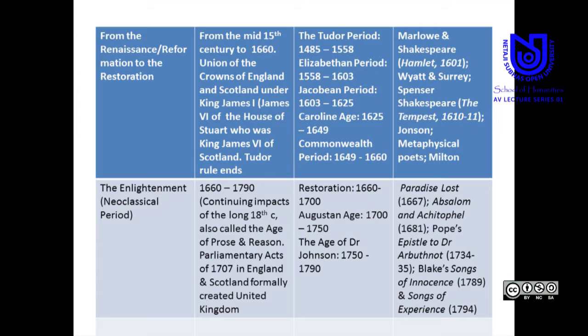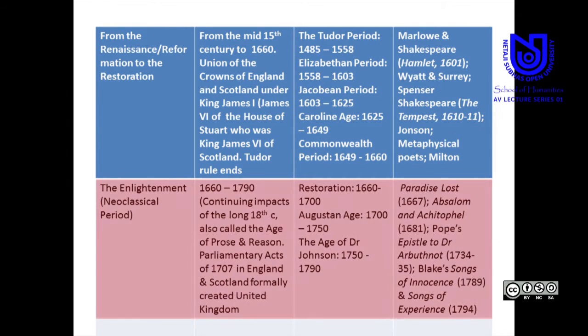You will notice in your syllabus that there are a large number of texts of different genres from this period. We have Shakespeare's Hamlet in 1601, Tempest, which dates to 1610-11. We have Marlowe. We have the first English sonnets by Wyatt and Surrey, followed by the poetry of Spenser. And then again we are talking of Jonson, the metaphysical poets, and the early Milton.